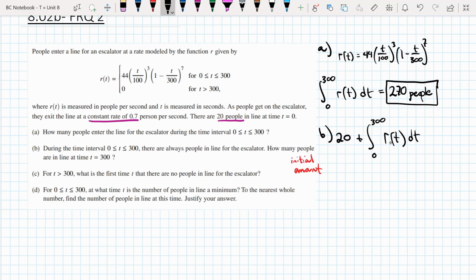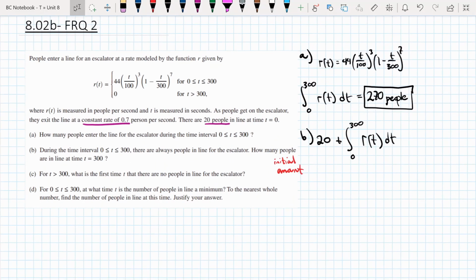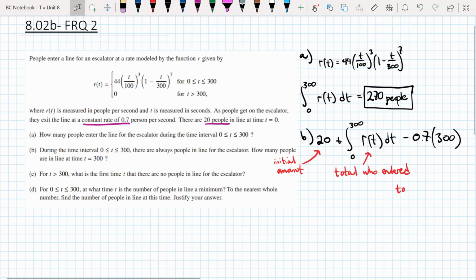And then if I want the total amount that have left the line from 0 to 300 seconds, I'm going to subtract 0.7 times the total number of seconds, which is 300. So this is the initial amount, this is the total who have entered, and this is the total who exited.